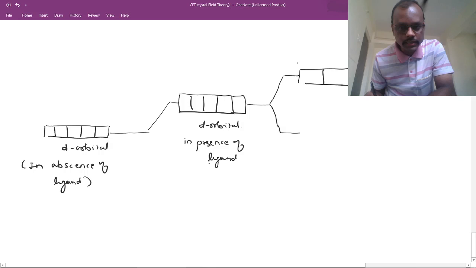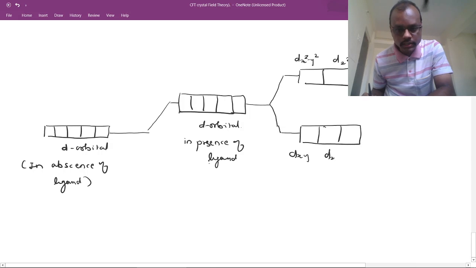So this is my dx square minus y square, this is dz square, whereas this is dxy, dxz and dyz.